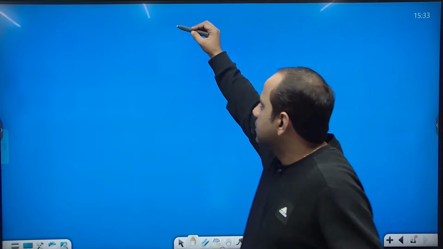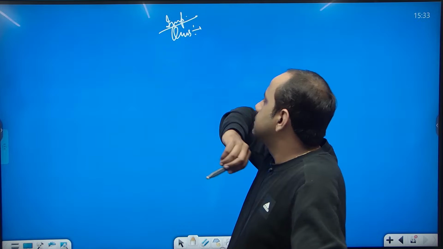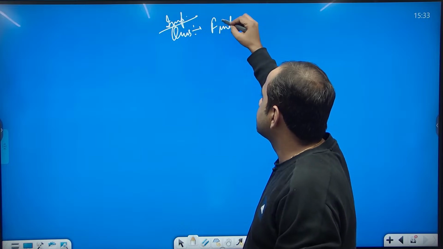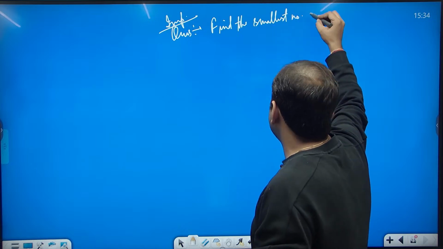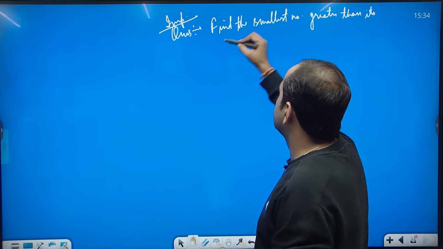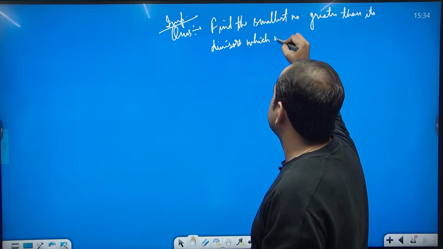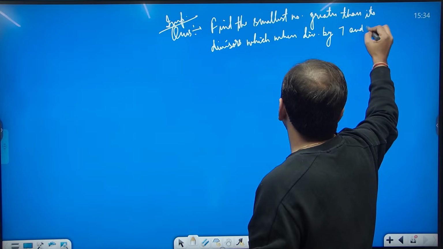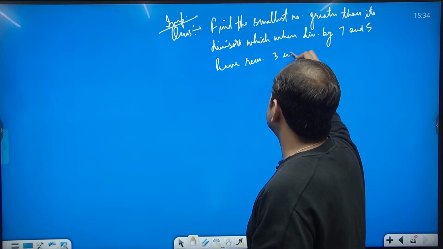Let's see another question. This is again an important one. You have to find the smallest number greater than its divisors, which when divided by 7 and 5 leave remainder 3 in each case.